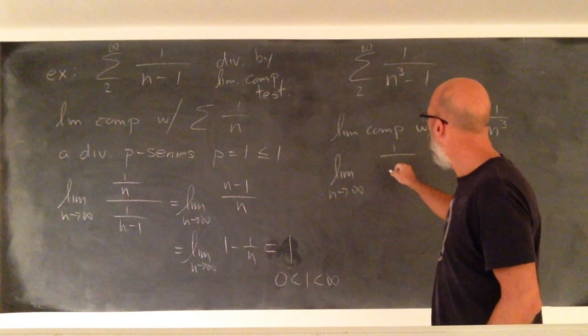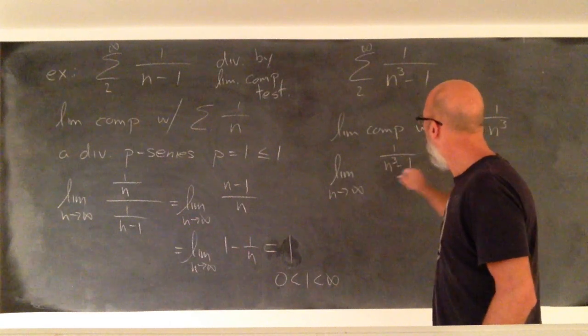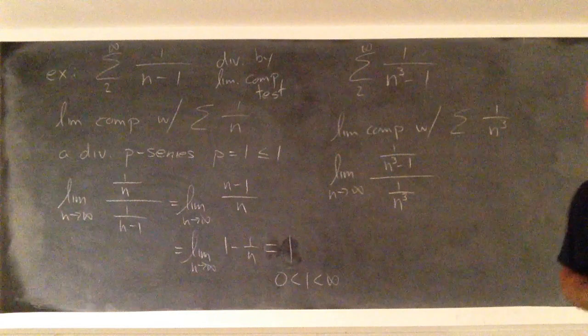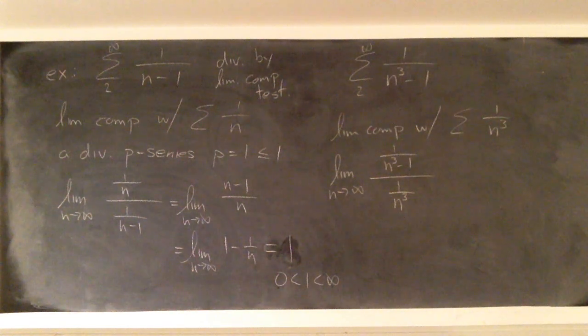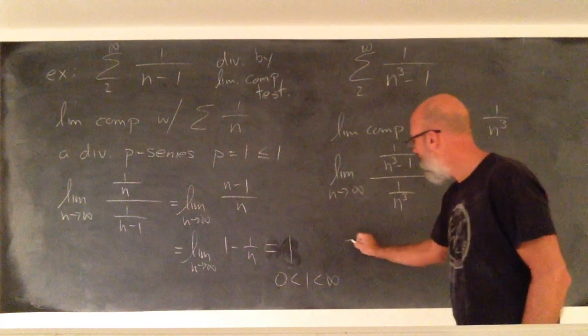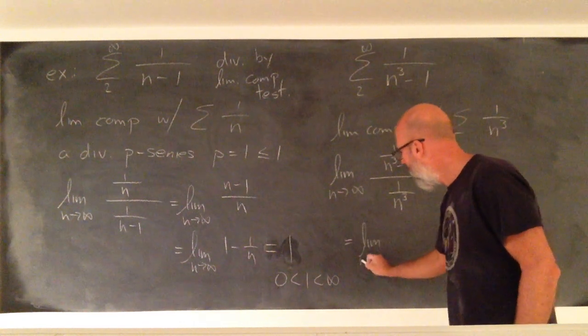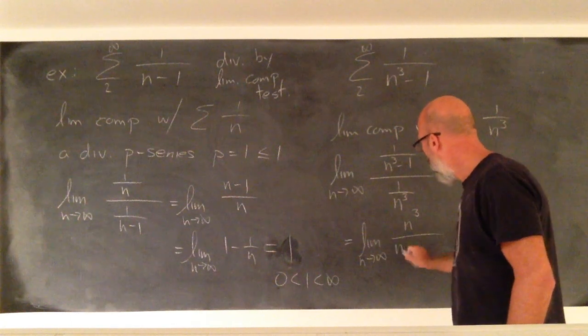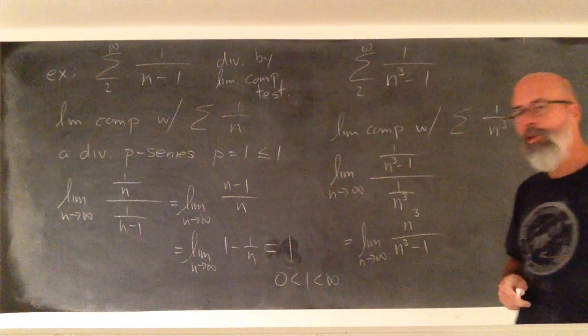So, one divided by the other. Again, it doesn't matter which one is on top, which one is on the bottom. You are dividing by a fraction. We're going to multiply by the reciprocal. This is n cubed over n cubed minus 1.